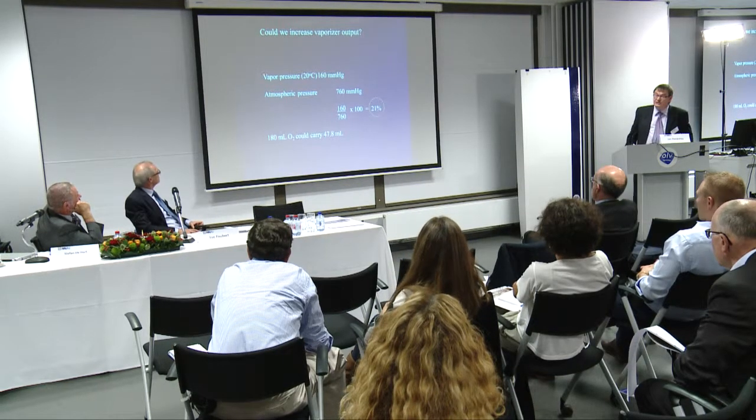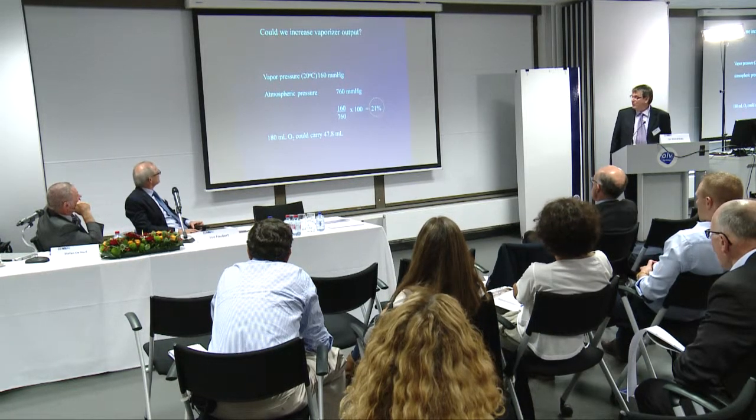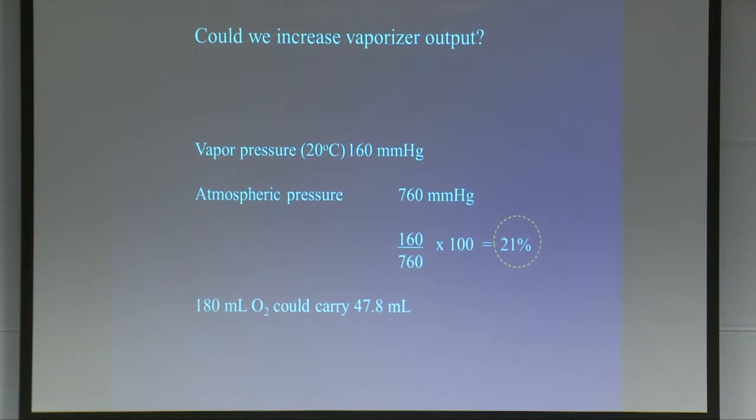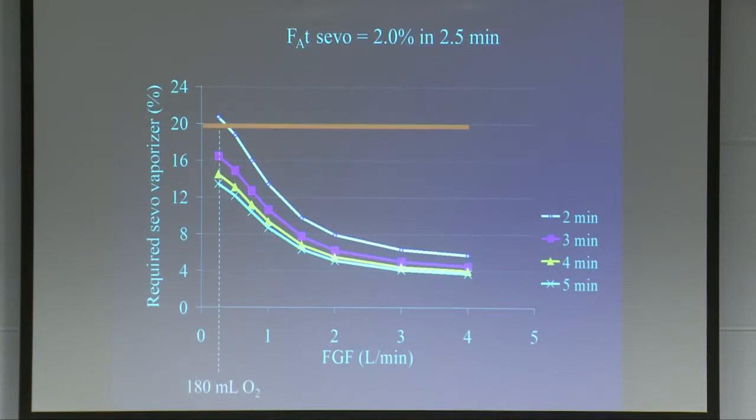Could we increase the vaporizer output? Yes. Why? Because at 20 degrees, the vapor pressure of sevoflurane is 160 millimeters of mercury. That's a physical given. So 160 millimeters of mercury is 21% of atmospheric pressure. So yes, we could give a lot more sevoflurane. So let's get back to our graph here.